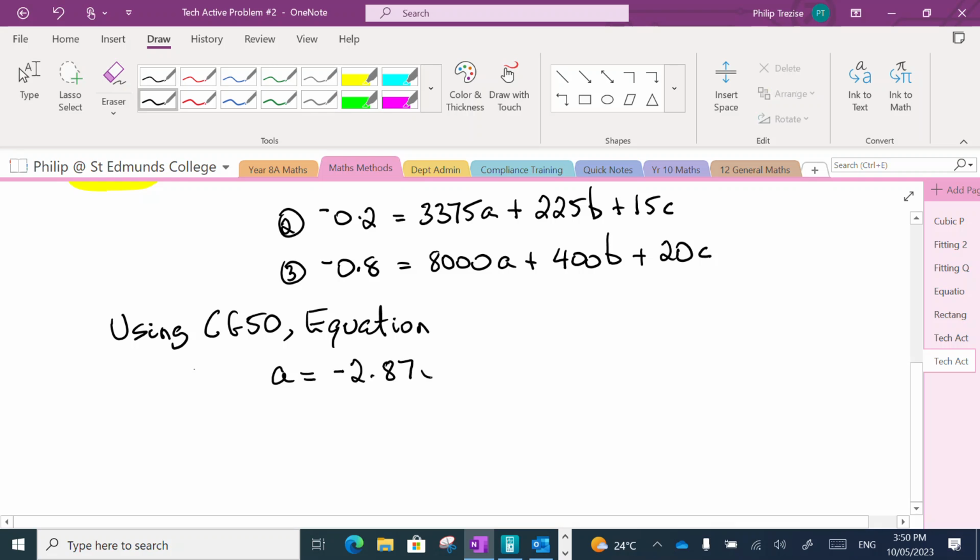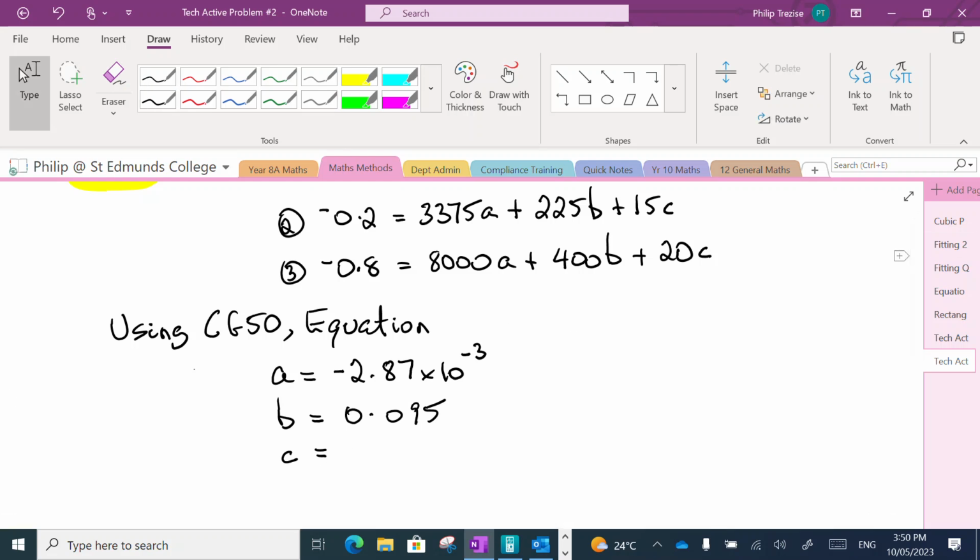I've rounded that slightly, times 10 to the power negative 3. B, what did B equal? B equaled 0.095, and C equaled negative 0.793.